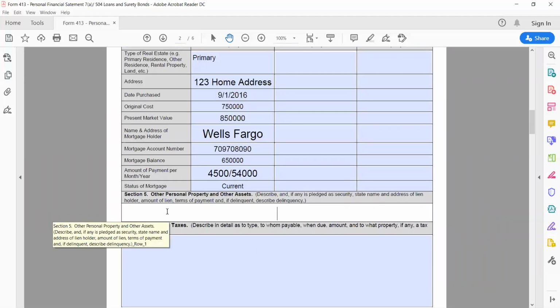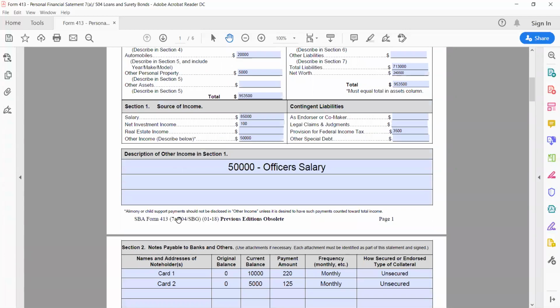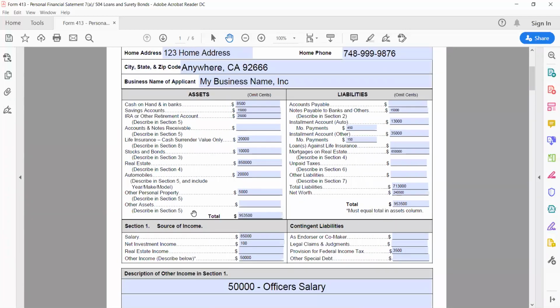Section 5, other personal property and other assets. So this is pulling in all these different ones. See all these section 5, section 5, section 5. All those you're going to detail out where those values are coming from. Year, make, and model of the vehicles. Okay, other personal property. You know, it's not listing every piece of clothing that you own, but those that would have some marketable or measurable value.